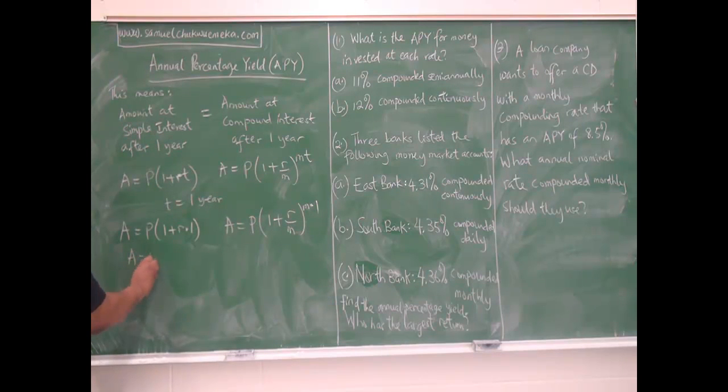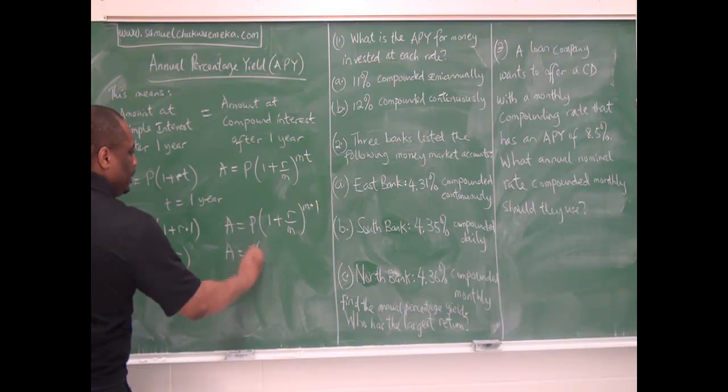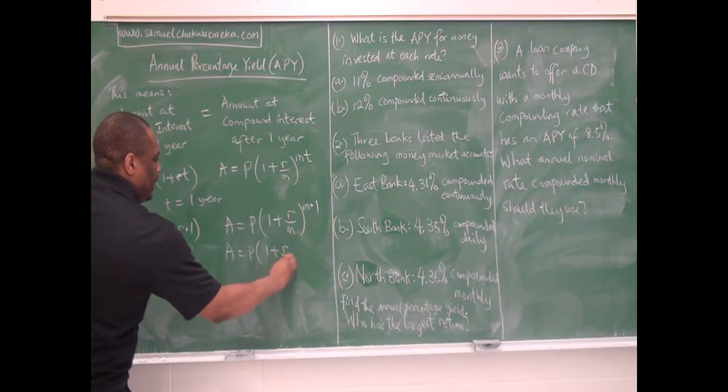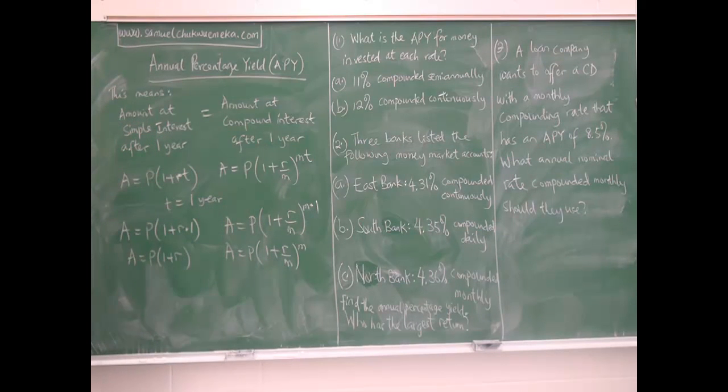So A will be P(1 + R), and here, A will be P(1 + R/M) raised to power M. Therefore, amount is equal to amount. I've got to erase this so that I have space to solve this.